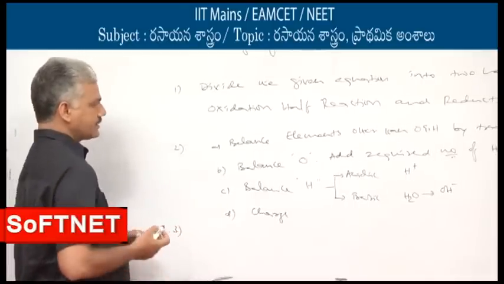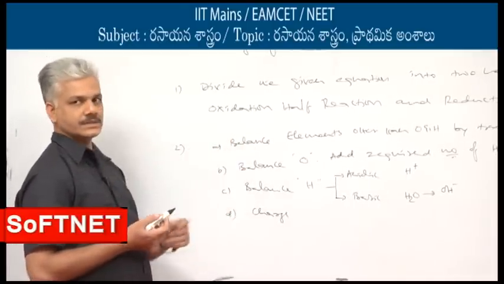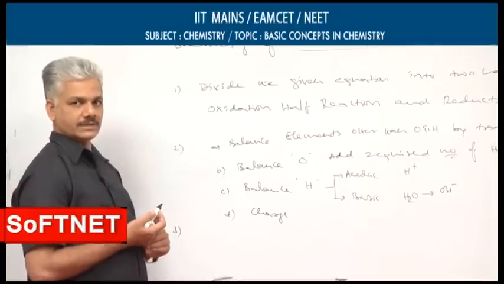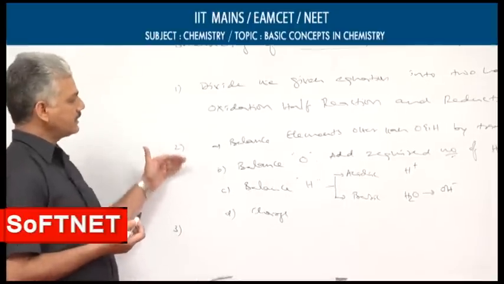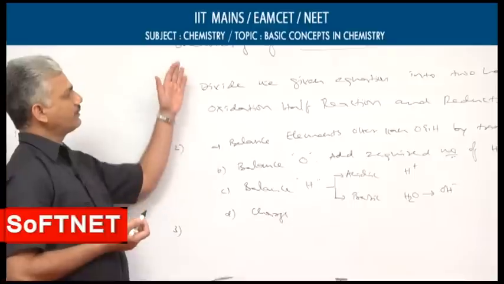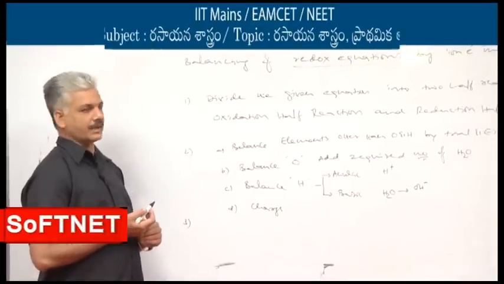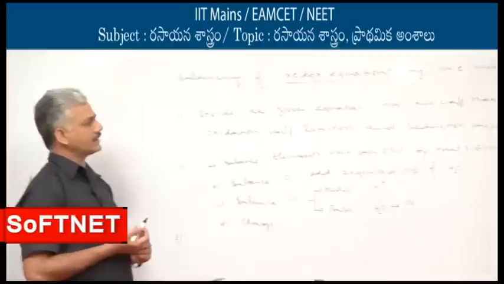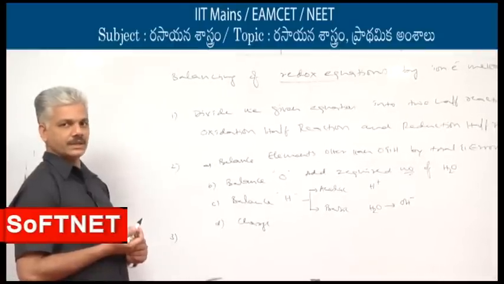In the final stage, again the two half reactions are added together to get the completely balanced equation. So, these are the rules to be followed for balancing of redox equations by this method known as the ion electron method, also called the half reaction method.